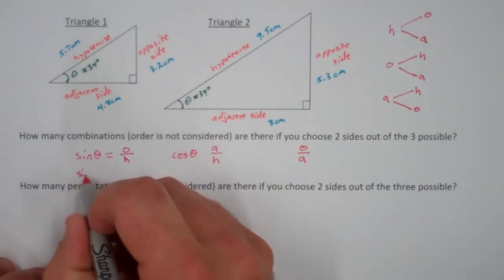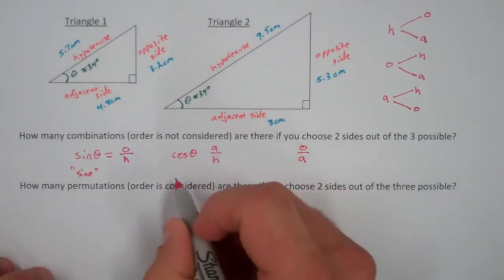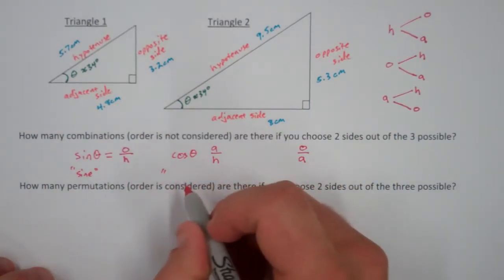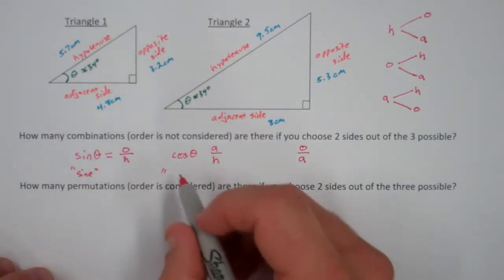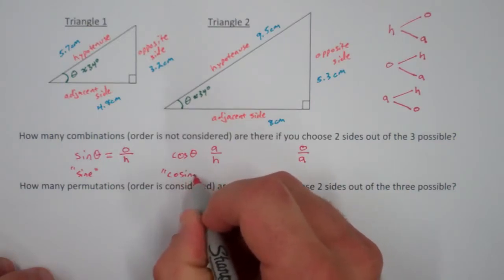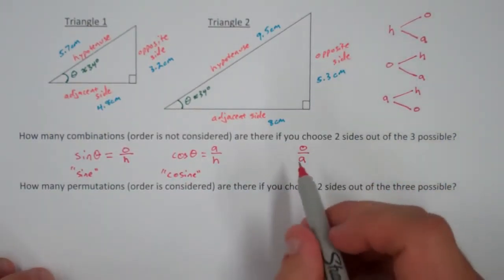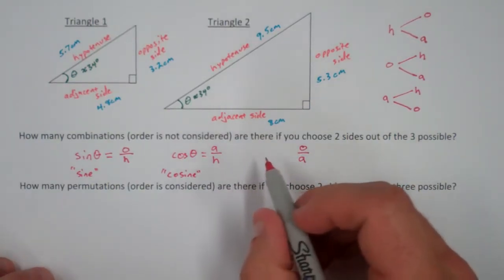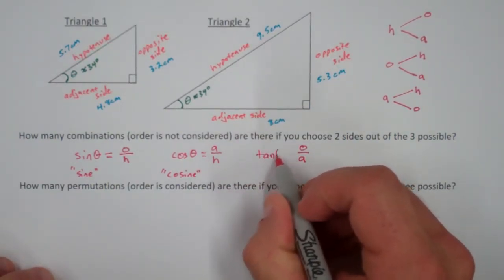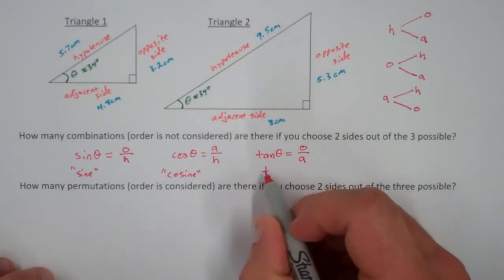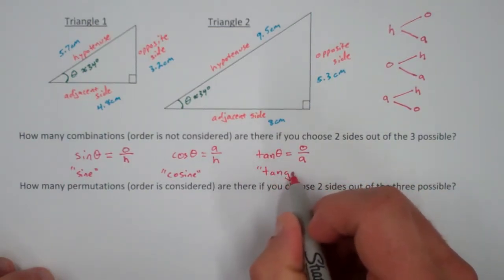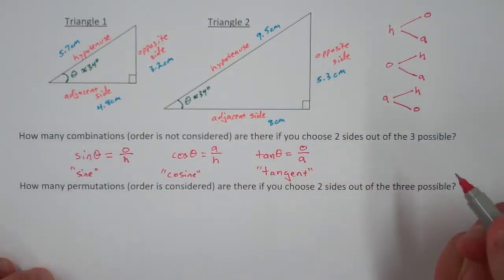So I can write that out if you want here. The past one was sine, that's the full word. And then we've got cosine here, and that's equal to the adjacent side over the hypotenuse. And then this one, opposite over adjacent, that's going to be the tangent. When we write that out, it looks just like it sounds, just tangent.